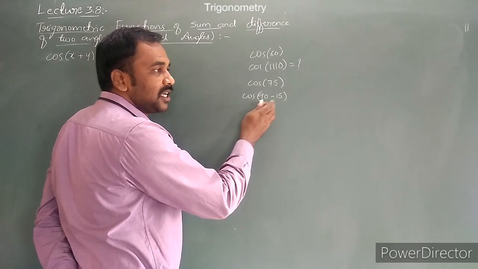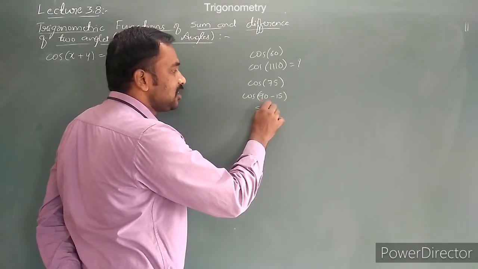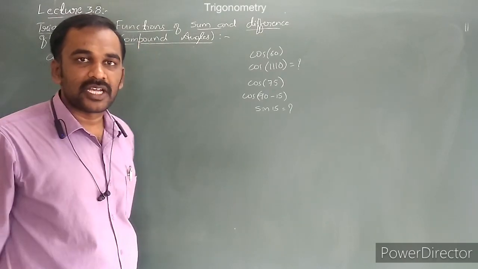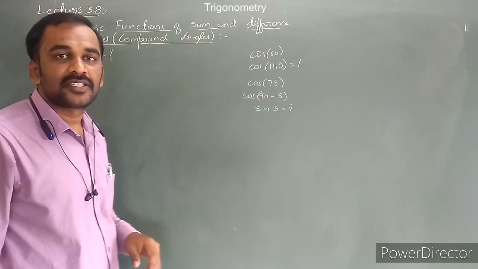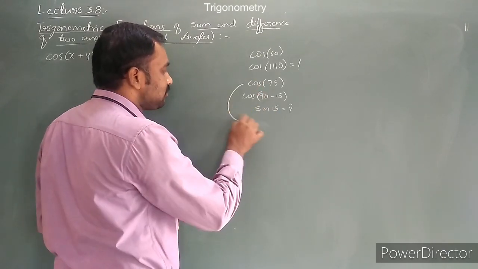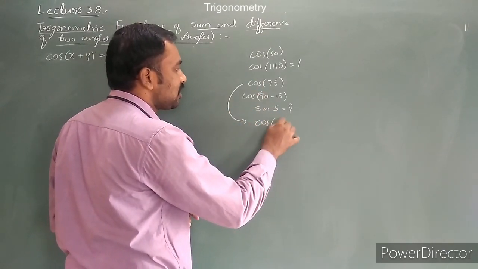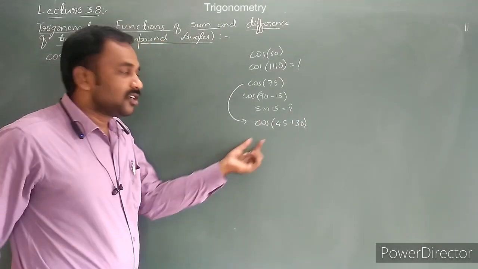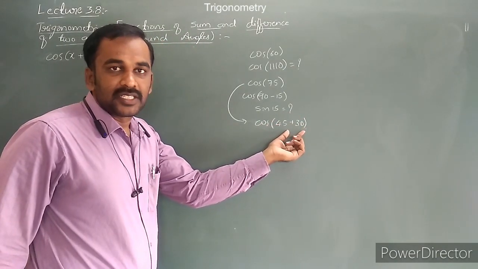Cos of 90 minus theta is sine of theta, so sine of 15. Do you know the sine of 15 value? We don't know the sine of 15 value. So in such situations, this helps us. Cos of 75 we can write as cos of 45 plus 30. What is 45 plus 30? 75.